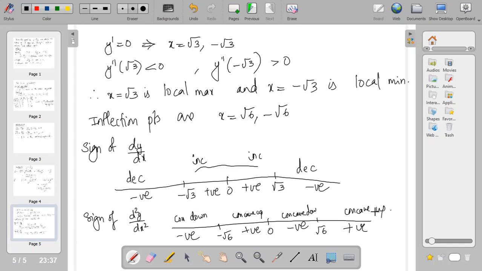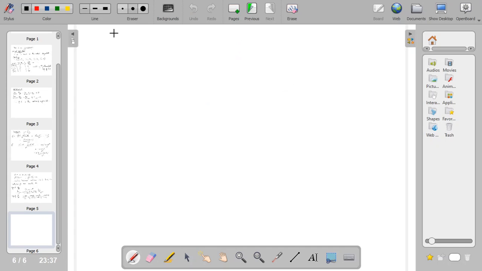Now let us plot the points first and the asymptotes. Okay, so the intercepts are minus 1, 0 and 0, 1, and the relative extrema.